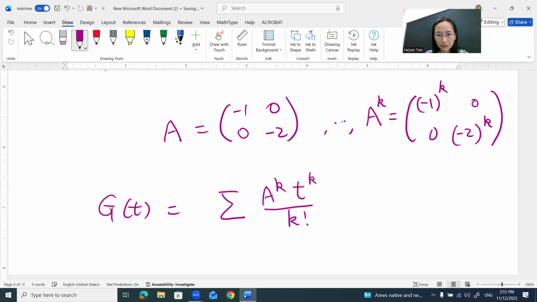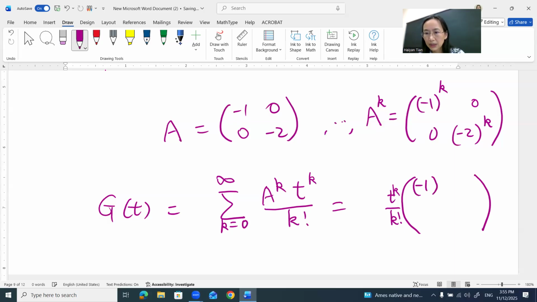So let me write the one term, right? Here, A to the K's power is already here, and it's multiplied by a certain quantity, which is t to the K over K factorial. That's just a number. So I put the -1 to the K, -2 to the K.